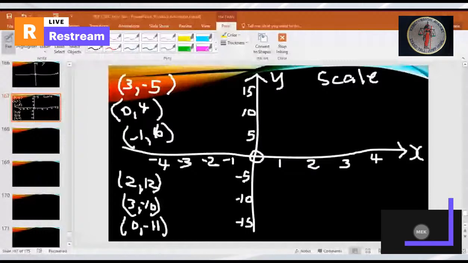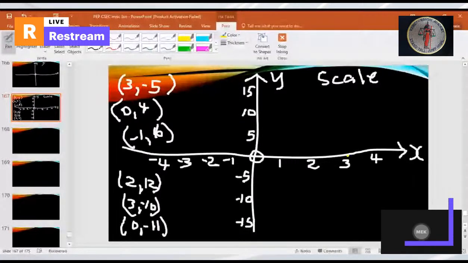So for the first point, it says (3, -5). That means 3 on the x and then -5 on the y. It's a positive 3 on the x, so we're going to move to the right. We go across to 3, then go down from there to -5.